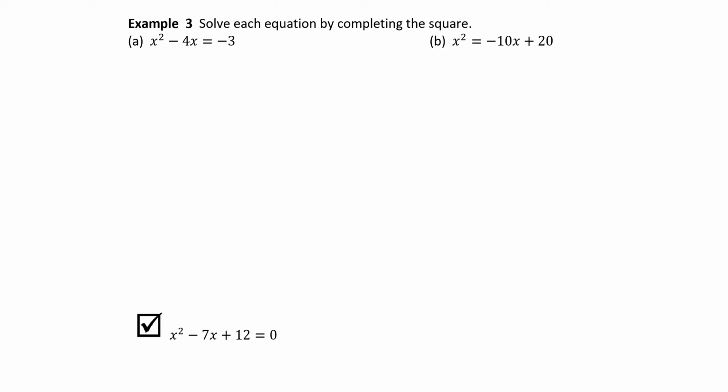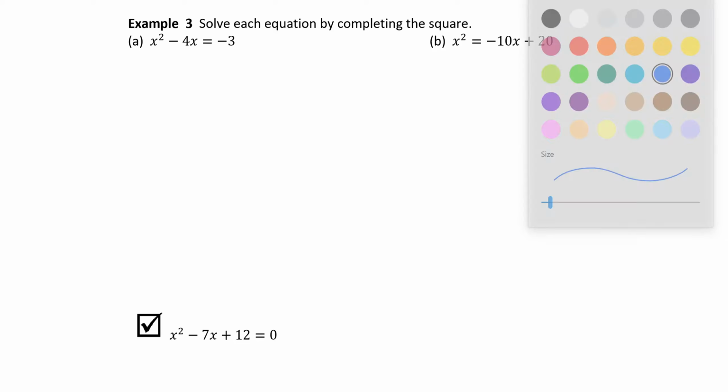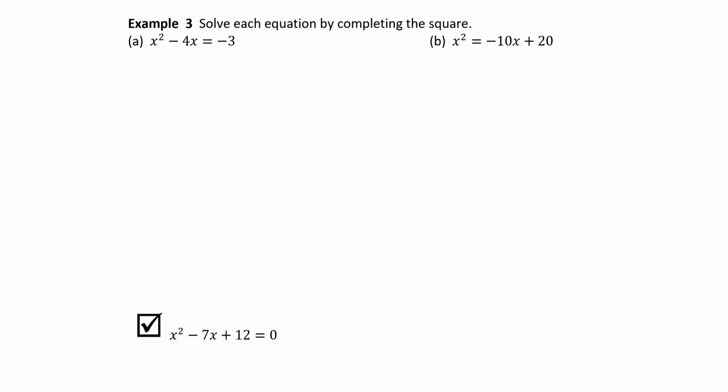Step 2, I'm going to find the magic number. So to do this, I'm going to follow the same process every time. I'm just going to do some little side work here. I'm going to take the linear coefficient, just the coefficient, -4. So I'm picking up this number right here. I'm going to divide it by 2 and square the result.